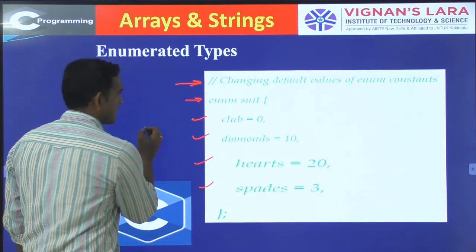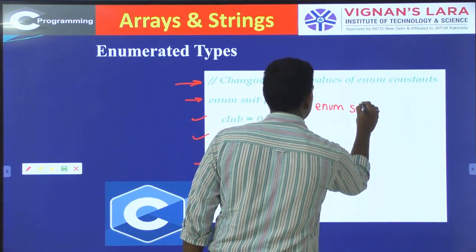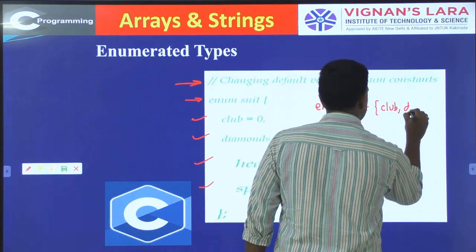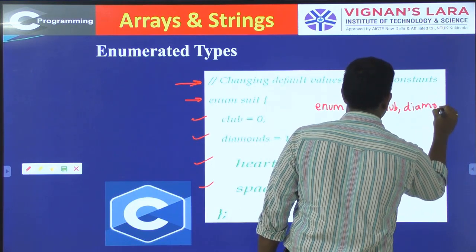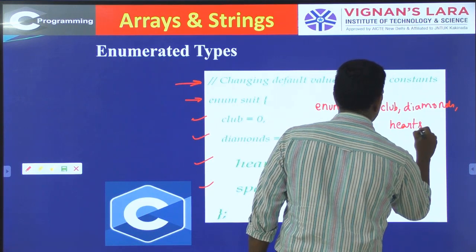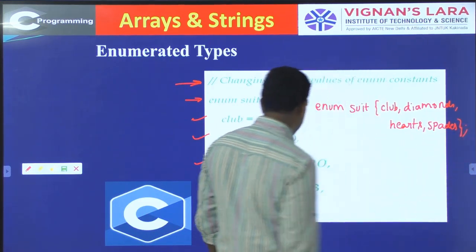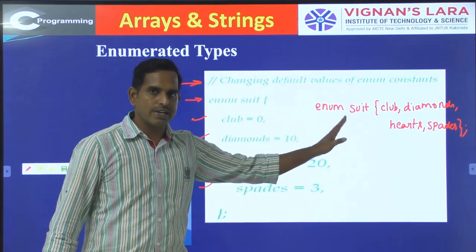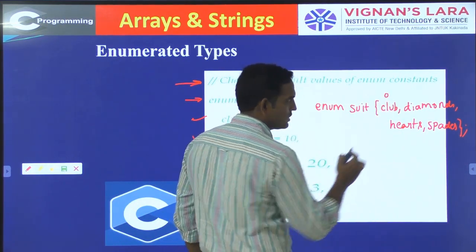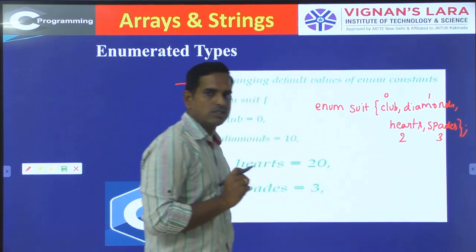If I declare it in the general manner, enum suit with club, diamonds, hearts, spades, this will be the declaration you do for your enumeration. Then club will get the value 0, diamonds will get the value 1, hearts will get the value 2 and spades will get the value 3.